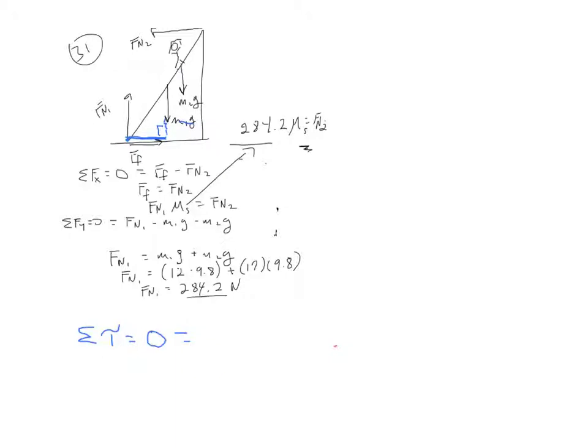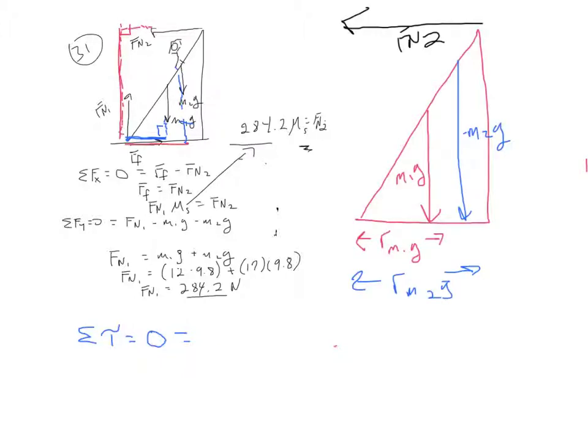Similarly, if I drop M2G, let's use red for him, his perpendicular lever arm is this distance right there. And then for Fn2, I'll use red for him too. If I extend him out, his lever arm is this distance right there. Not very pretty, but there's the perpendicular distance, the lever arm for Fn2.